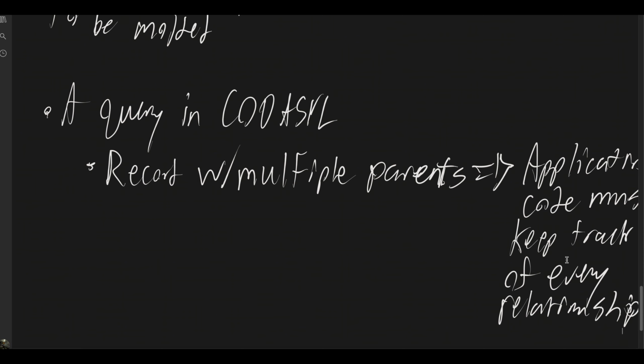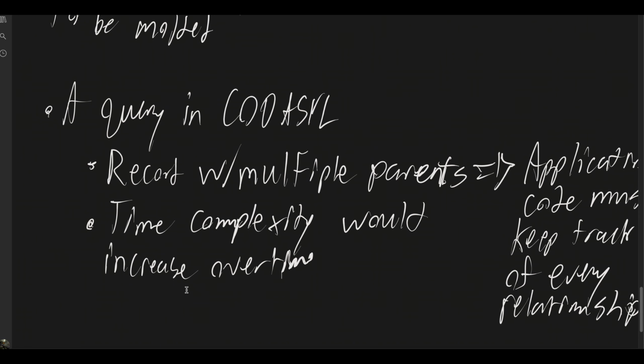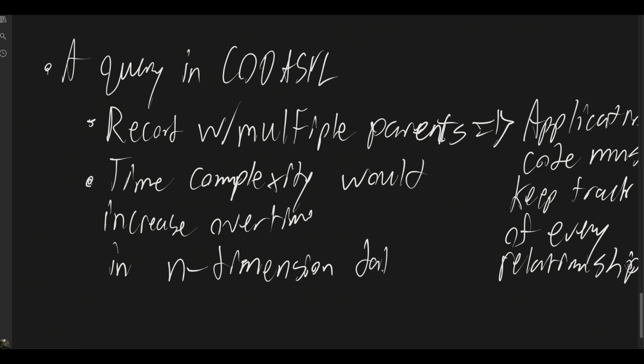Even CODASYL committee members admitted that this was like navigating around an n-dimensional data space, meaning that complexity would constantly increase over time in n dimensions. An n-dimensional data space.